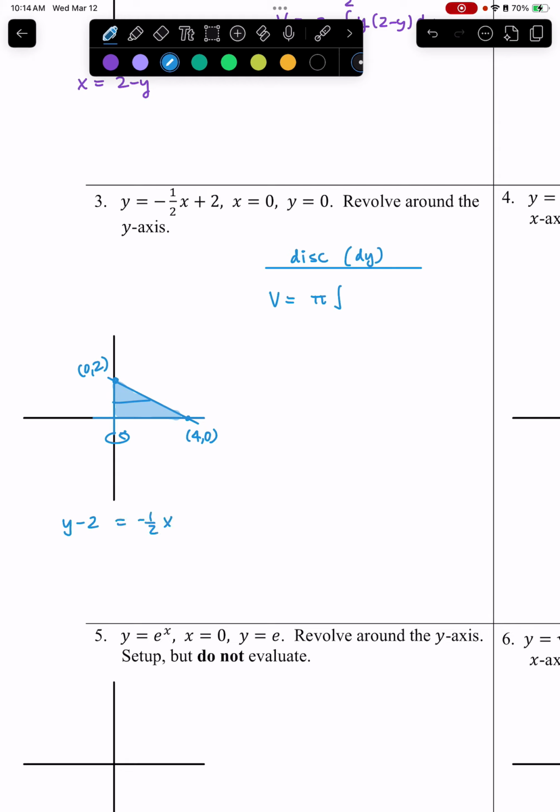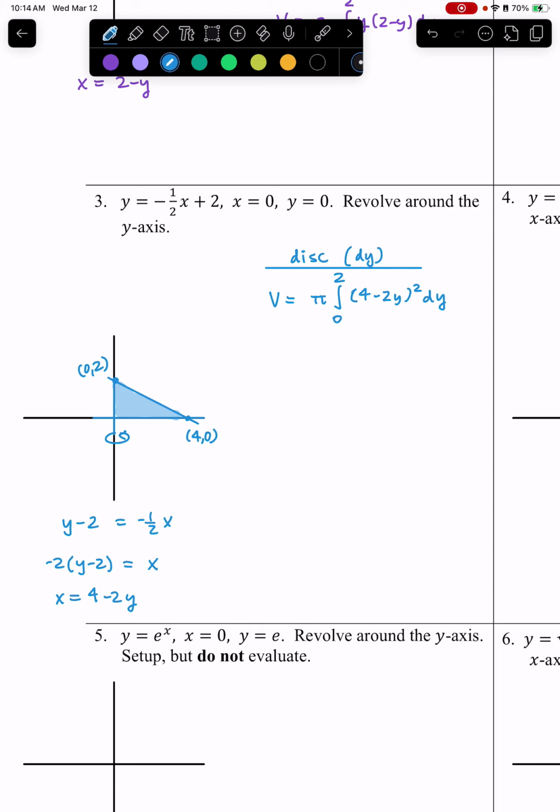Multiply both sides by negative 2, and we get x by itself. So x is equal to 4 minus 2y. Our bounds are going to go from 0 to 2 in the y direction, but again, our radius here is just x, but we want to write that in terms of y. So that's going to be 4 minus 2y, all squared, dy.